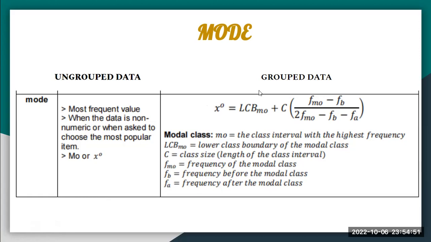Mode is equal to LCB MO plus C times the frequency of the mode minus the frequency before the modal class divided by 2 times the frequency of the modal class minus the frequency before the modal class minus the frequency after the modal class. So, ang haba ng formula.